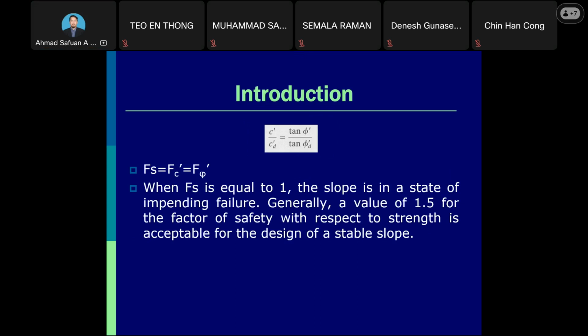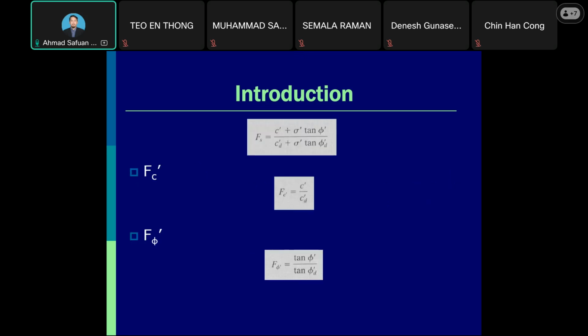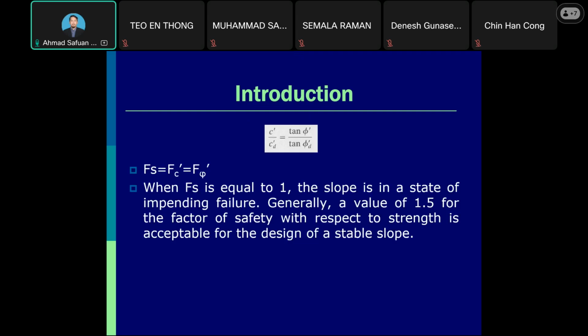So if Fs is equal to Fc and Fphi, when Fs is equal to 1, the slope is in a state of impending failure. Generally, a value of 1.5 for the factor of safety with respect to strength is acceptable for the design of a stable slope. So by using the conventional approach, we need to make sure that the factor of safety is greater than 1.5.